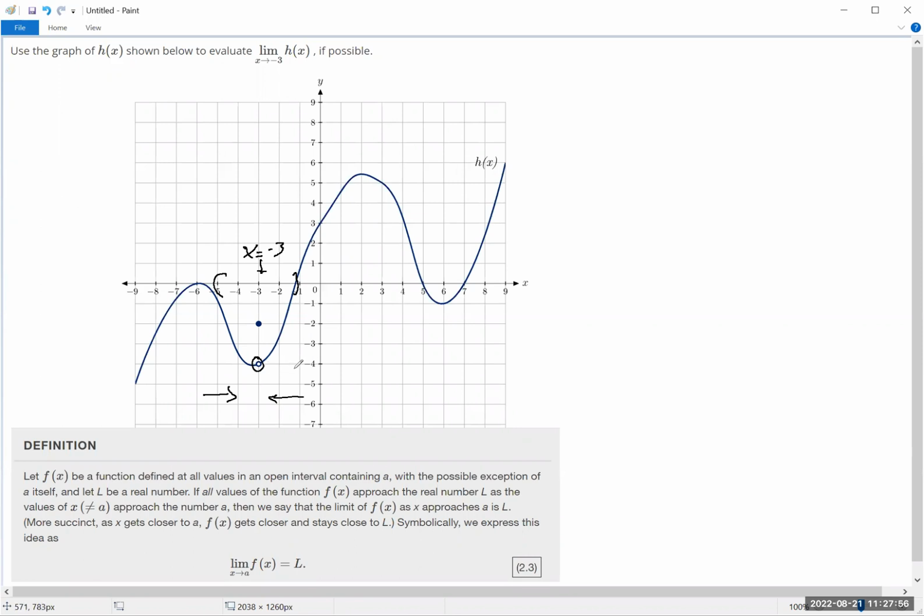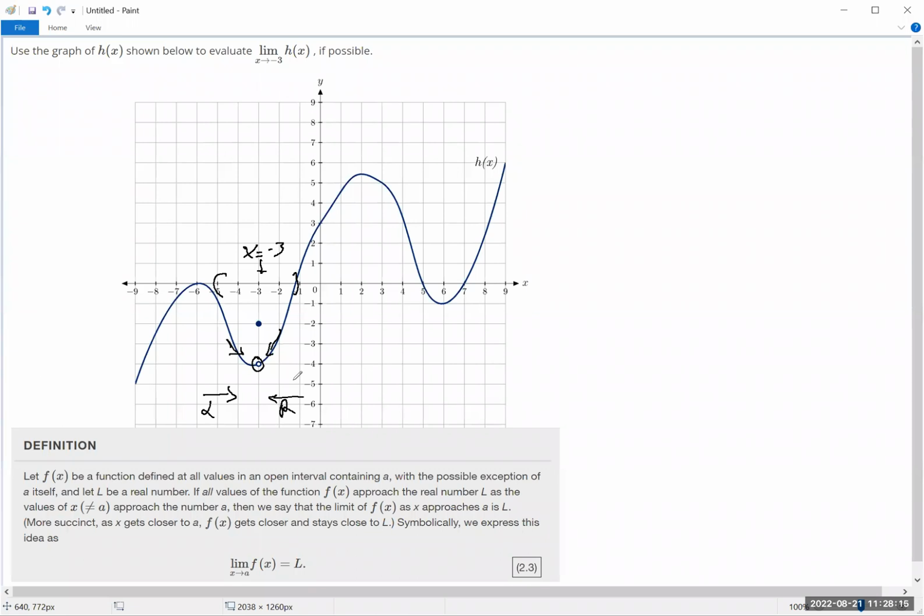So what's happening is this is getting closer to -4, and this is getting closer to -4 as we move from the left, and as we move from the right towards -3.